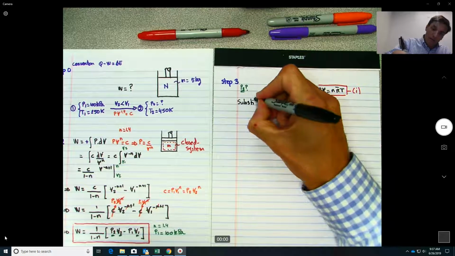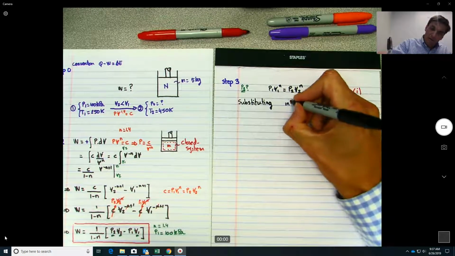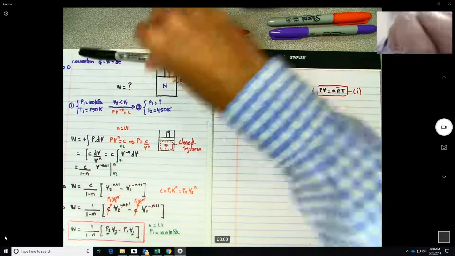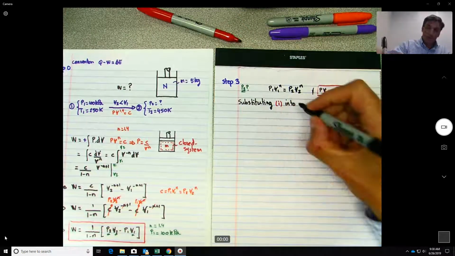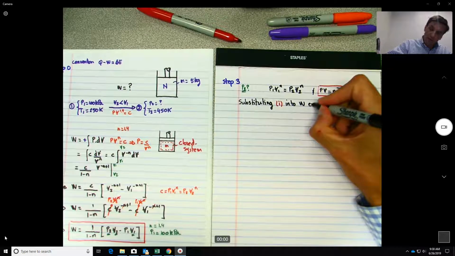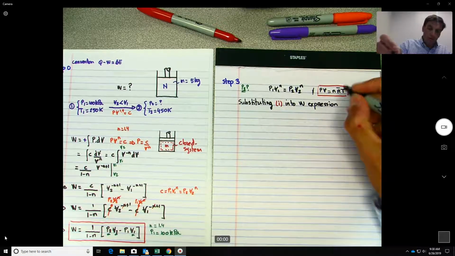substituting our one equation into the W expression will give us what?